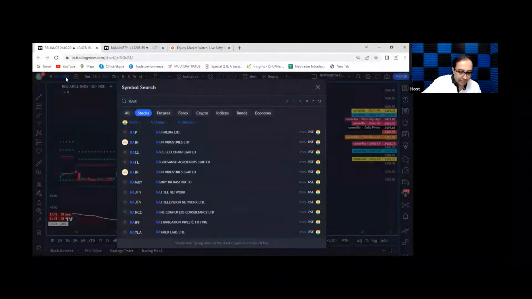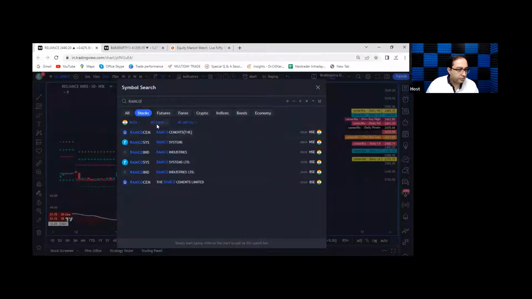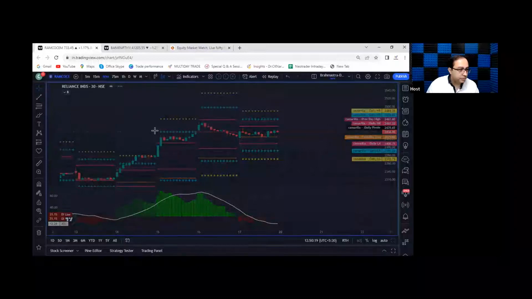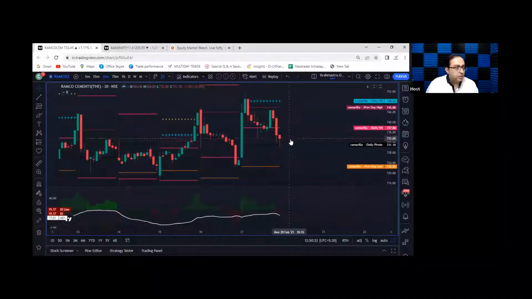Ramco Cement. Was there a trade here? Who feels this was tradable?